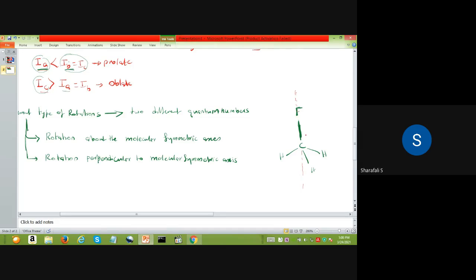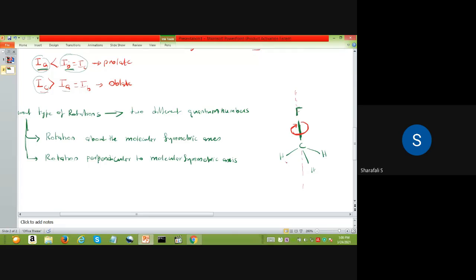Two different rotations are possible here. One rotation is this kind of rotation, about that symmetric axis. In that case, these hydrogen atoms are rotating like this about that axis.